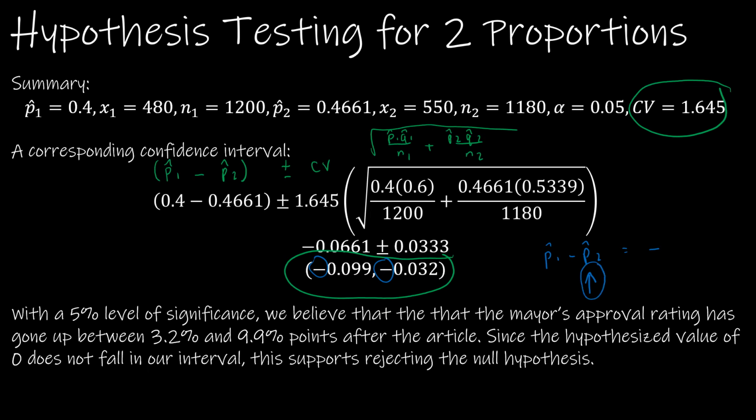So if P2 is bigger, which is my second proportion, then I'm going to end up with negative values. And that's why we know that it has gone up. The second part says, since the hypothesized value of 0 does not fall in our interval, this supports rejecting the null hypothesis.